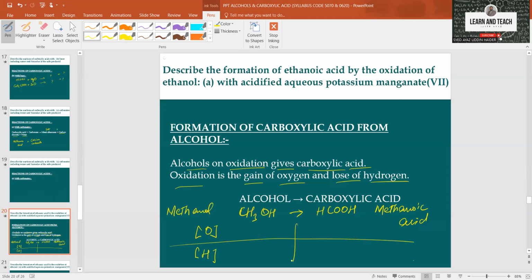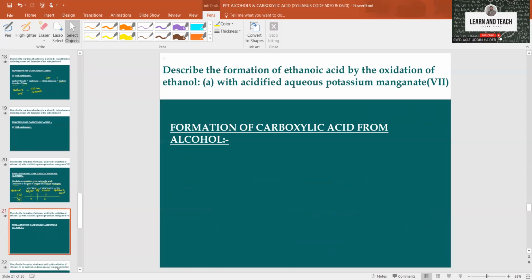On the reactant side, we have one oxygen. On the product side, we have two oxygen. What about hydrogen? On the reactant side, it's 4, and on the product side, it's 2. So you can easily see that there's a gain of oxygen and loss of hydrogen taking place in this. Let's do this with another alcohol.